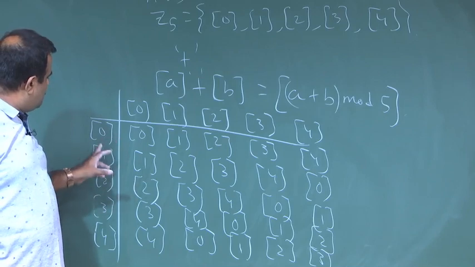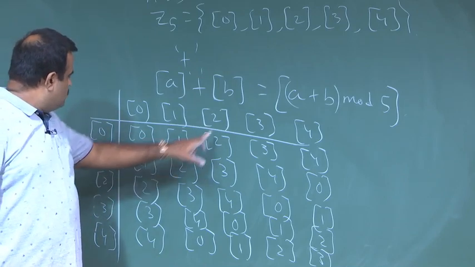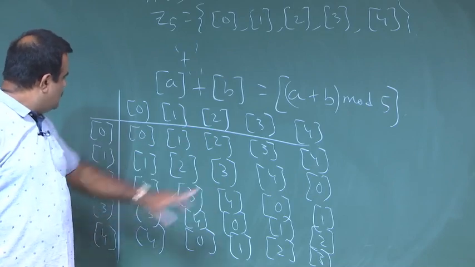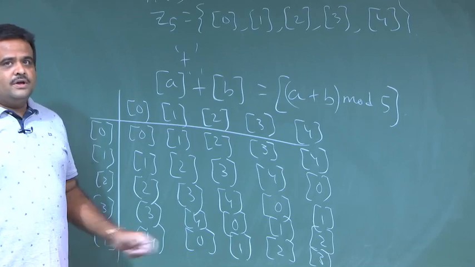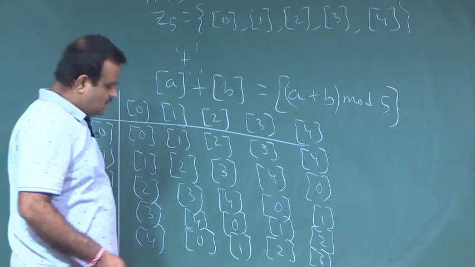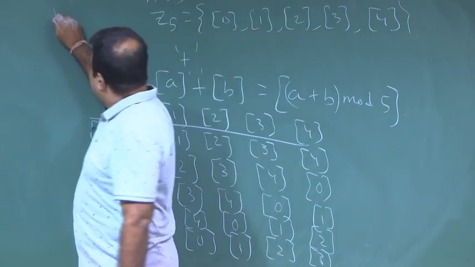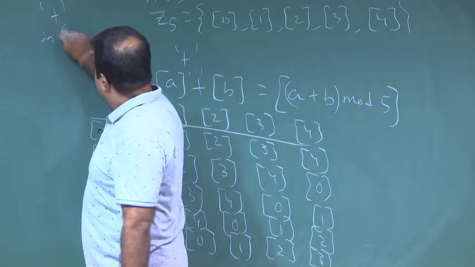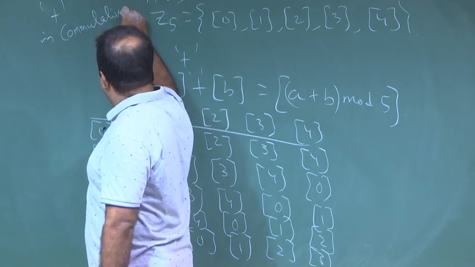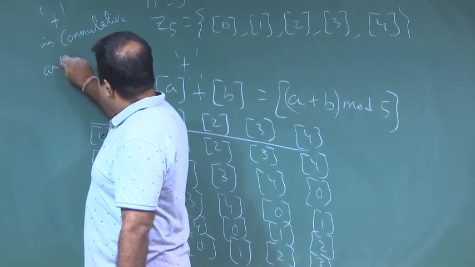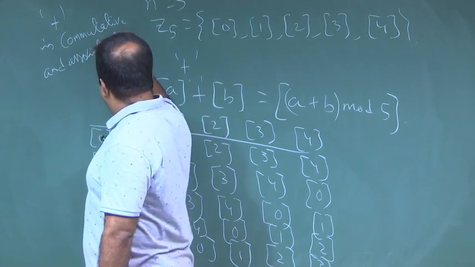We can take any two numbers, say 1 and 2. This gives us 3, which is the same as 2 plus 1, which is also this class. So, this plus is commutative, and we can also verify associativity.